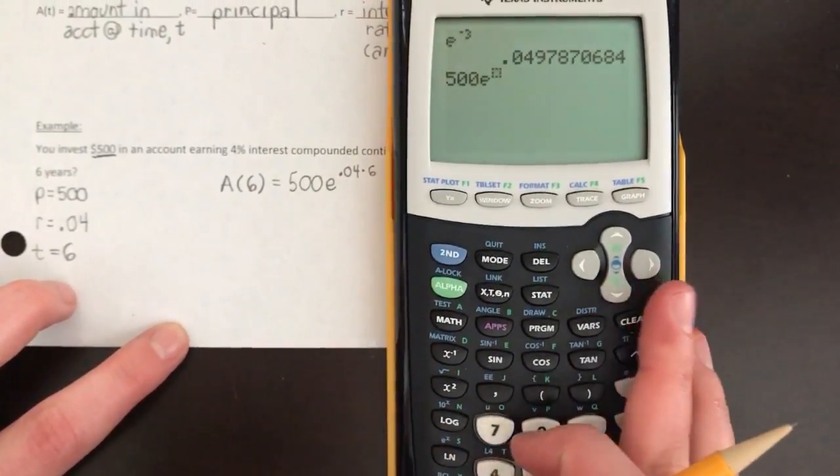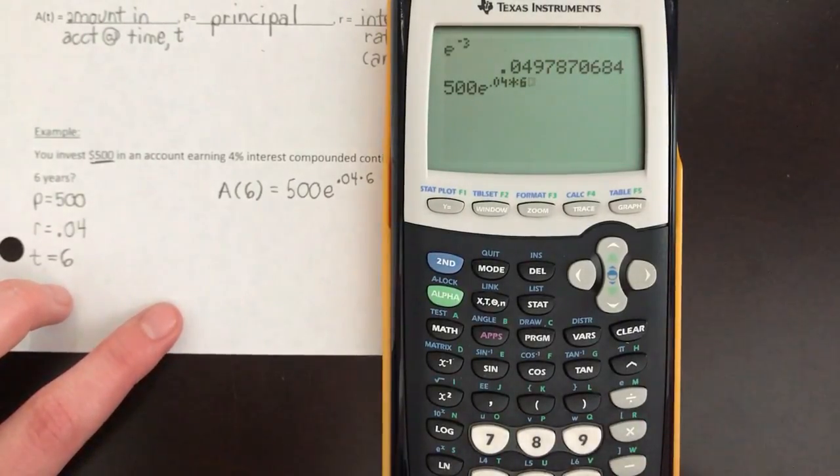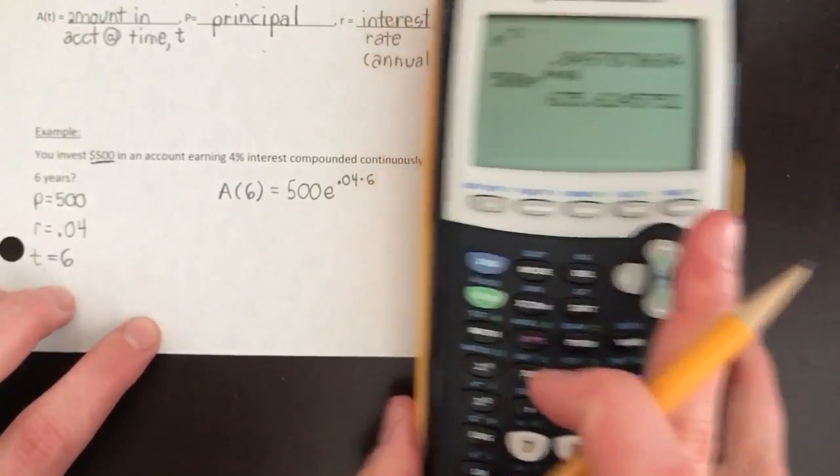It's already in the exponent now, so 0.04 times 6, hit enter, and voila.